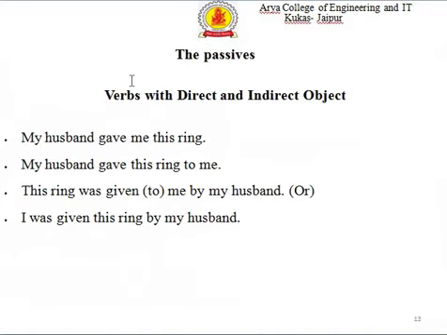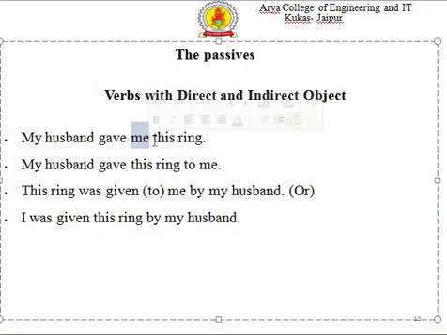Then we come to the sentences which have two objects, direct and indirect. So we need to follow a particular passivization here. For example, we take: my husband gave me this ring. After the verb, the first object is me and the second object is this ring.